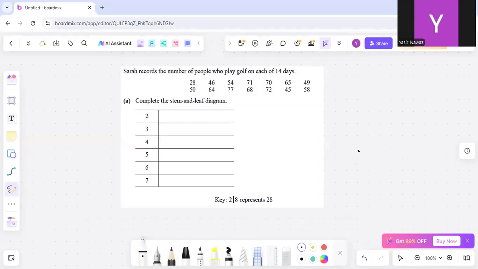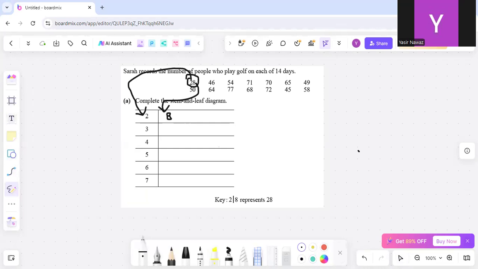Sarah records the number of people who play golf on each of 14 days. Complete the stem and leaf diagram. Here the number is 28, so the 2 is the stem and the 8 goes in the leaf.